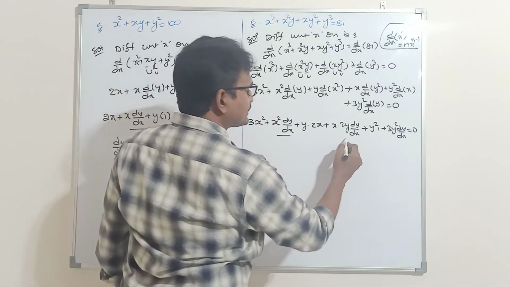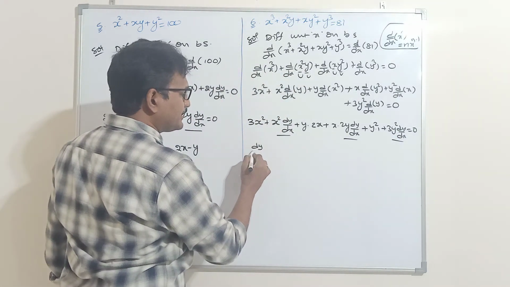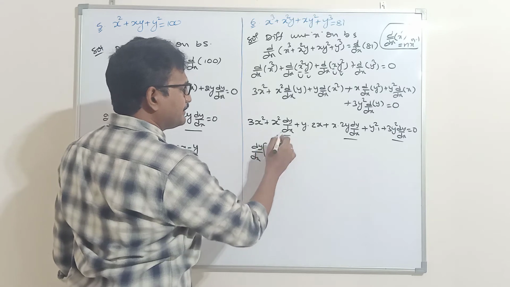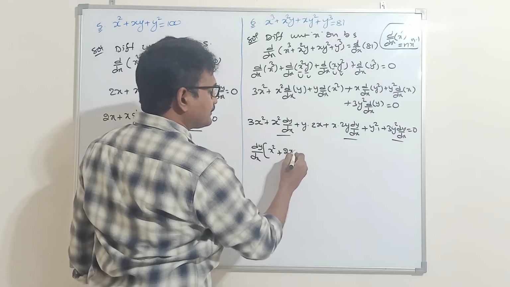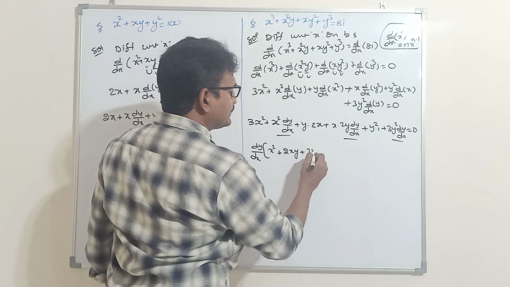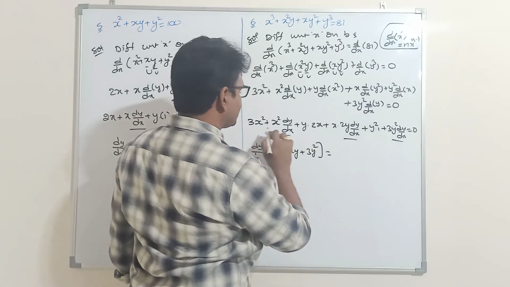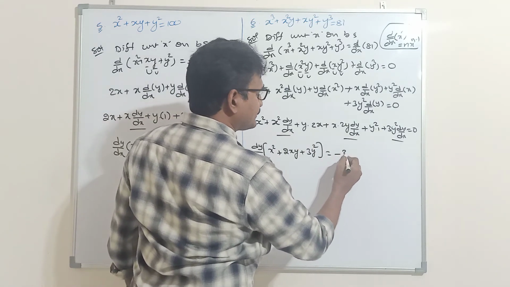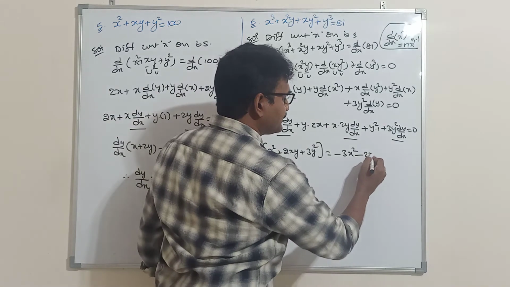Observe, how many dy by dx are there? 3 times dy by dx is there. So take dy by dx common. If you take dy by dx common, you will get x square plus 2xy plus 3y square. Send the remaining terms to the right hand side. If you send 3x square to the right hand side, you will get minus 3x square. Next minus 2xy.